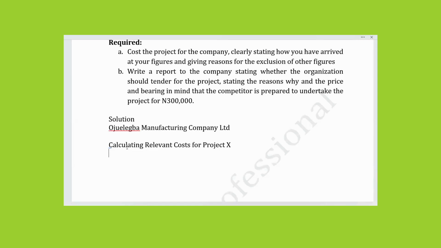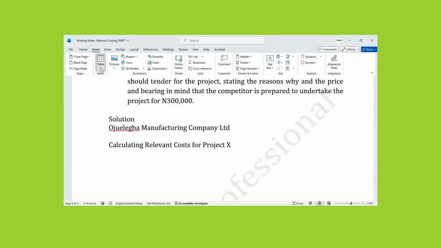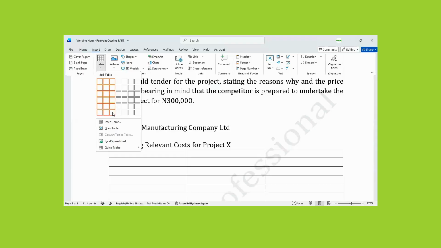If the examiner has labeled or numbered the additional information given to you, then as you are solving it, you'll be listing it by additional information numbers. Okay. I will be very fast on this so that we can finish right on time. Let me create 3 columns.